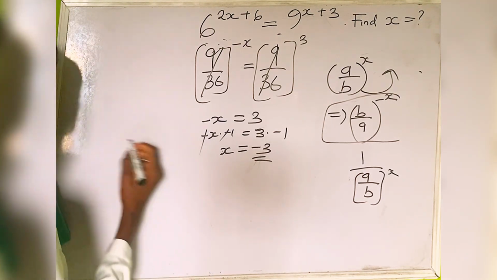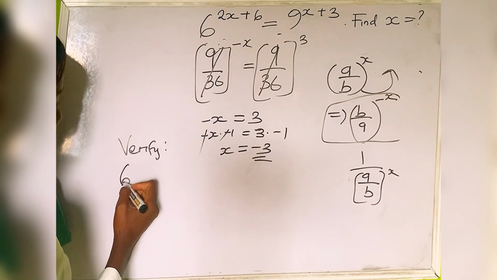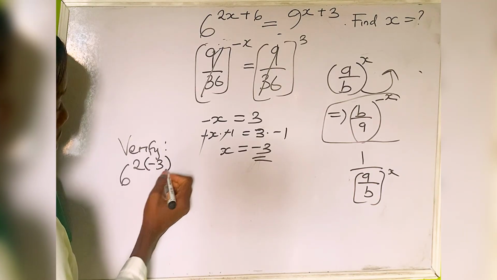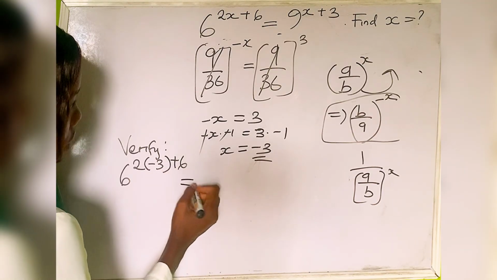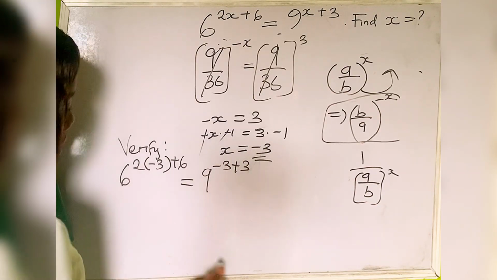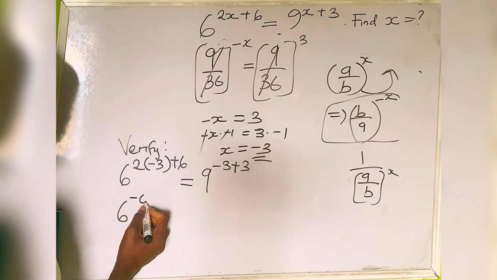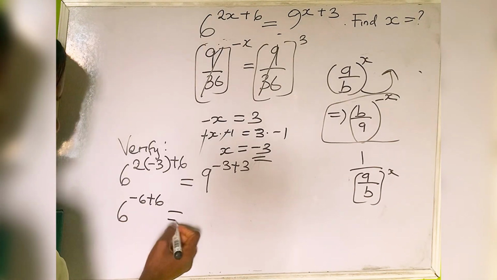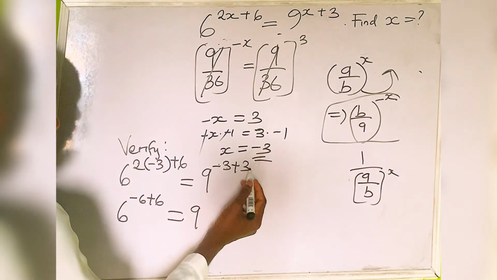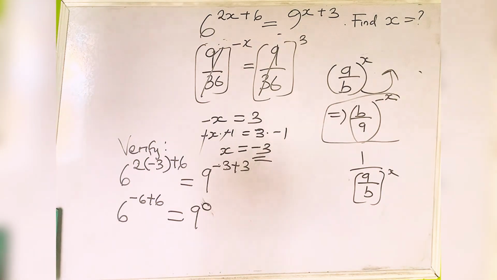We have 6 to the power of 2, our x is negative 3, right? Plus 6 is equal to 9 to the power of negative 3 plus 3. Now we have 6. This multiplied by this is negative 6 plus 6, is equal to 9 to the power of negative 3 plus 3, which is 0.